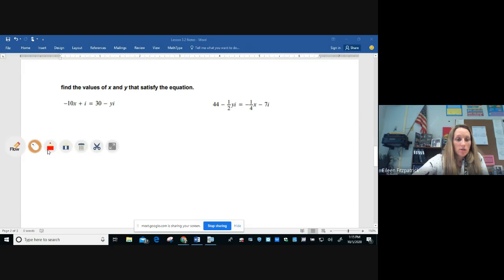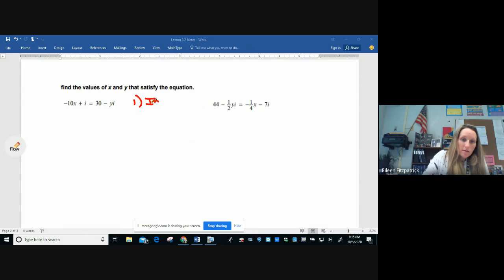Next, you're going to be asked to find the values of x and y that satisfy the equation. Okay, so there's basically steps to follow here, and I'm going to write the steps down in the middle, and then we'll go through the problem. The first step is to identify the real parts and imaginary parts.